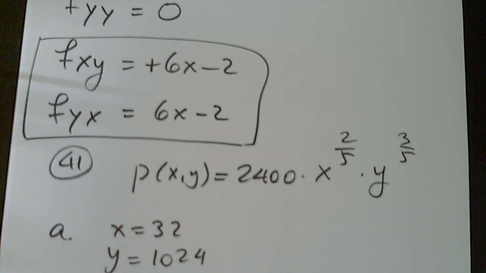So in that case, all I have to do is write 2400 multiplied by 32 raised to power 2/5 and multiplied by 1024 raised to power 3/5.